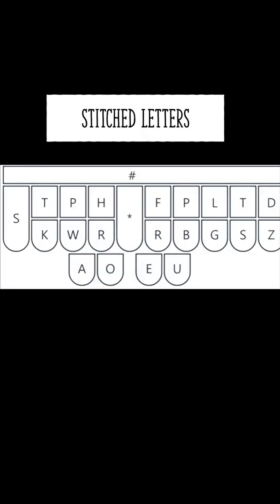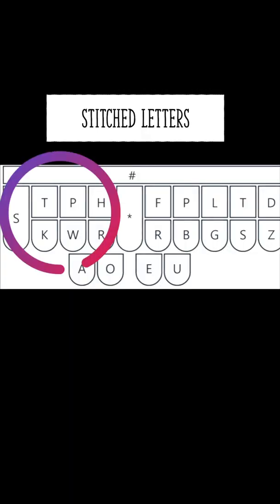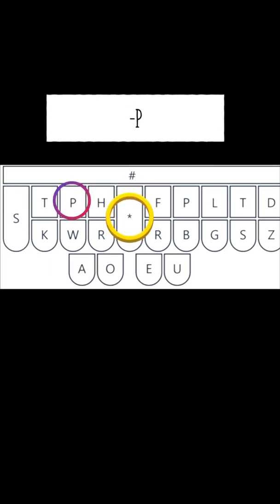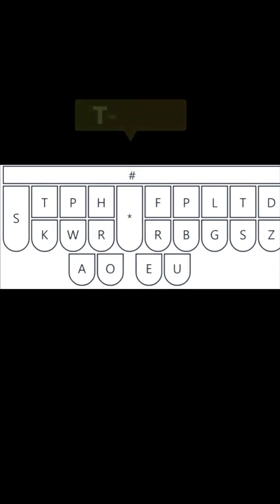The stitched alphabet is created by pressing the keys for the letter with your left hand and pressing the asterisk at the same time. So the stitched letter P would be written by pressing the P key with your left hand and the asterisk at the same time. Notice that creates a hyphen before the letter P.